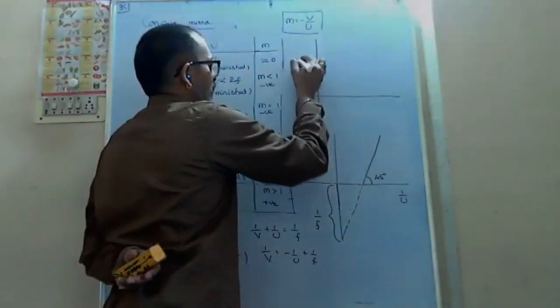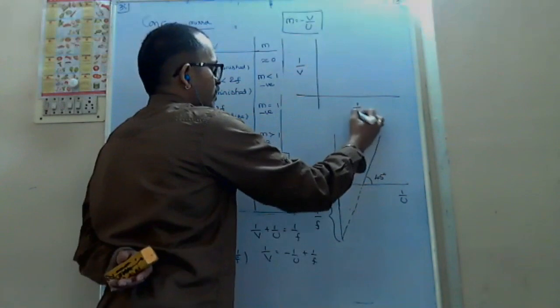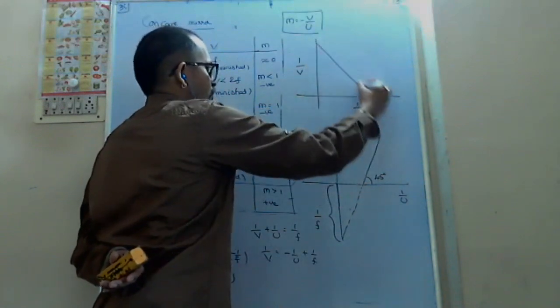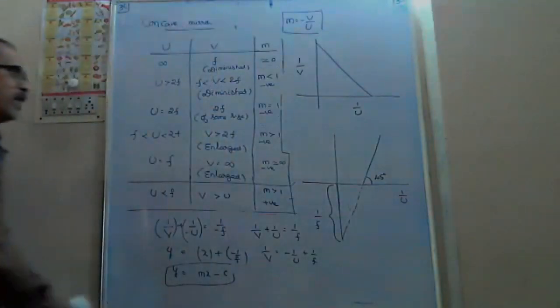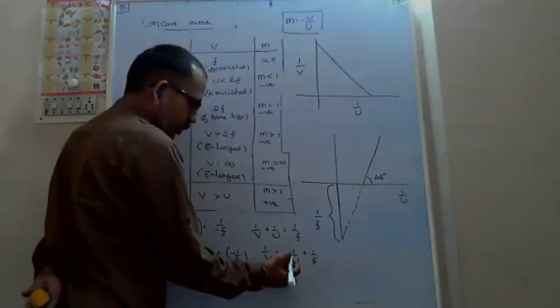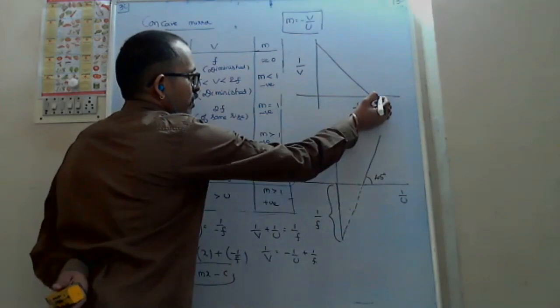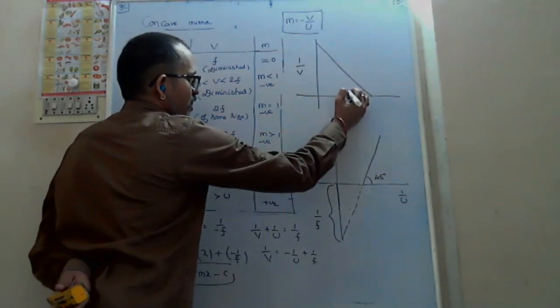So without sign conventions, you will get a graph like this. As usual, here also the slope is minus 1. Minus 1 means this is 135 and this is 45.